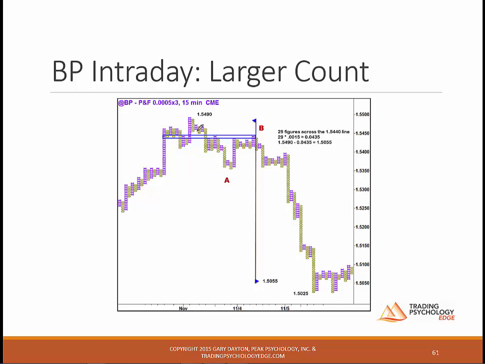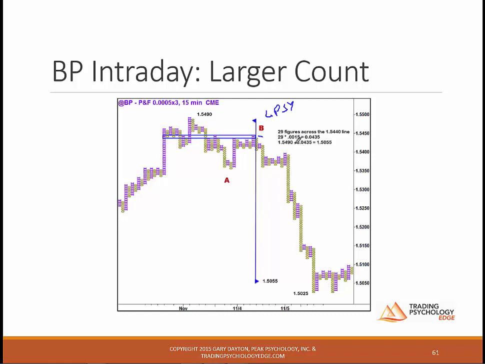We've got the up thrust, we've got a sign of weakness. Now we've got a last point of supply here, right? And we can take the count across here, and I've done this out for you. There's 29 figures along the 5440 line. So 29, now each one is worth 15 rather than 5.